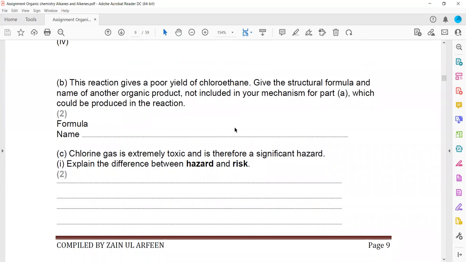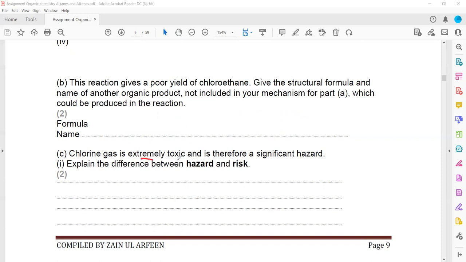Instead of chloroethane, it might produce 1,2-dichloroethane. We are considering only one chlorine, or it will be 1,1-dichloroethane, where two chlorines are attached at the first position. Or trichloro or tetrachloro might be possible as well. So there are multiple possibilities.